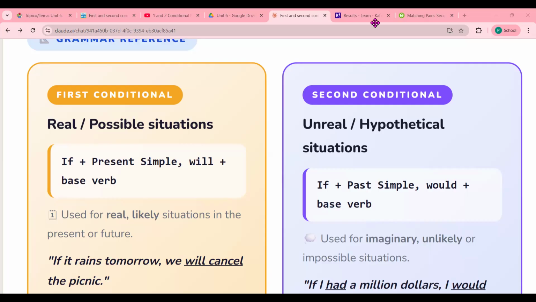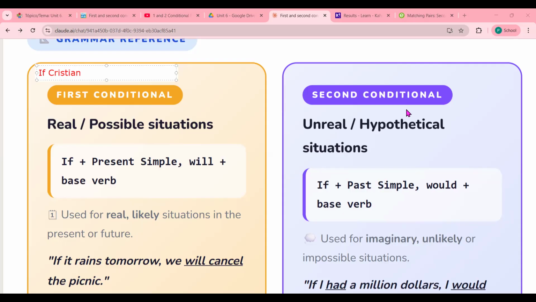In your case, my dear Christian, I use in the first: if Christian, let me check the spelling.